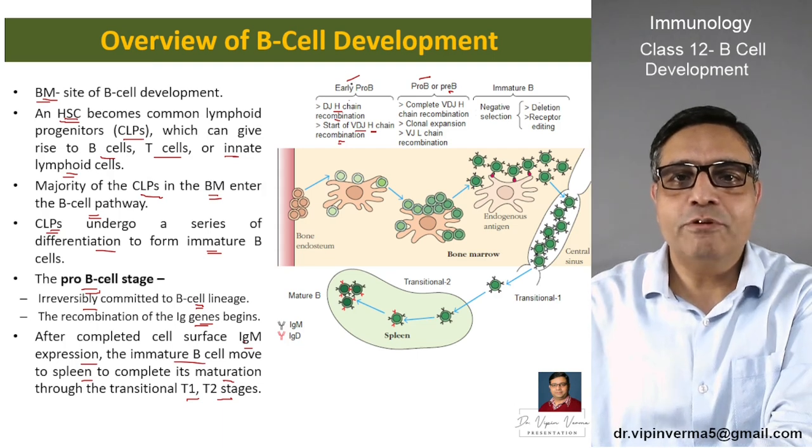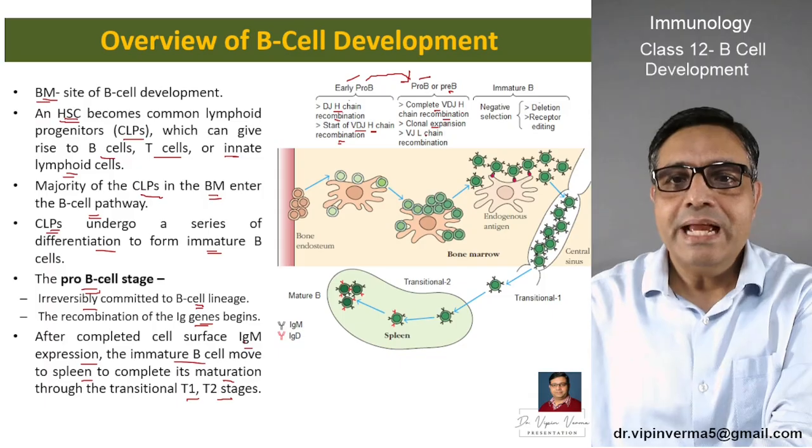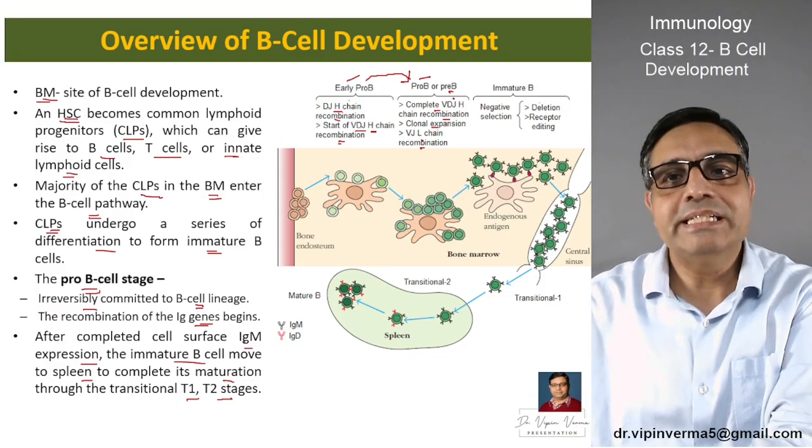Here you can see, from the early pro B, it forms the pro B or pre B, where we have the complete VDJ heavy chain recombination, clonal expansion, and then the VJ light chain recombination completed here.